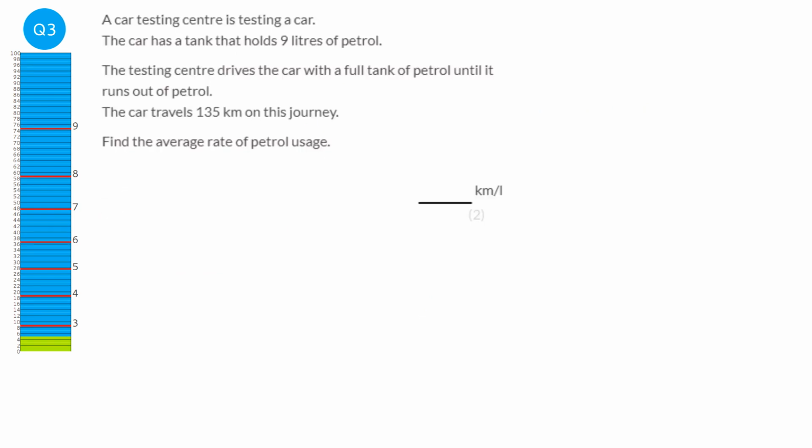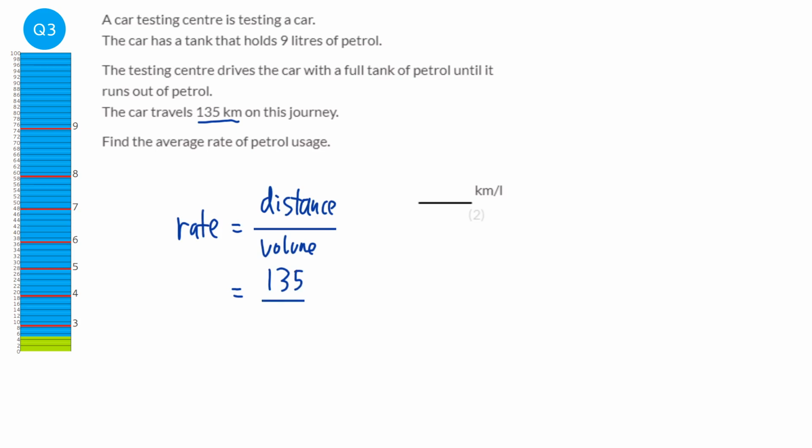To find the average rate of petrol usage, which I'm just going to call rate, we're going to get the distance travelled by the car, and we're going to divide that by the amount of fuel used, so the volume of the fuel used. So the distance was 135 kilometres.